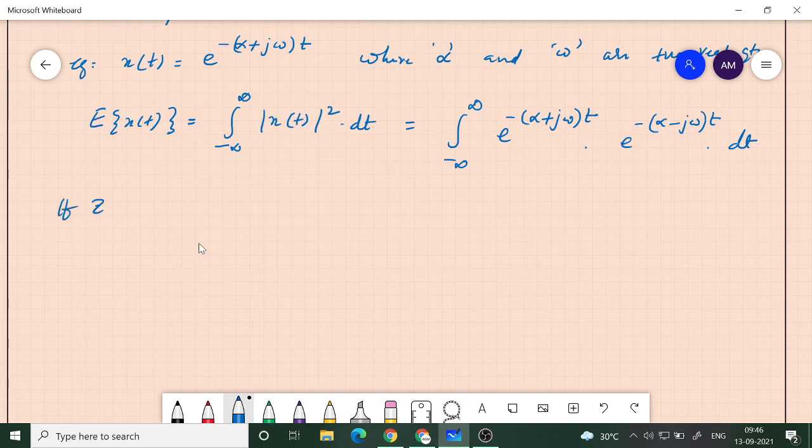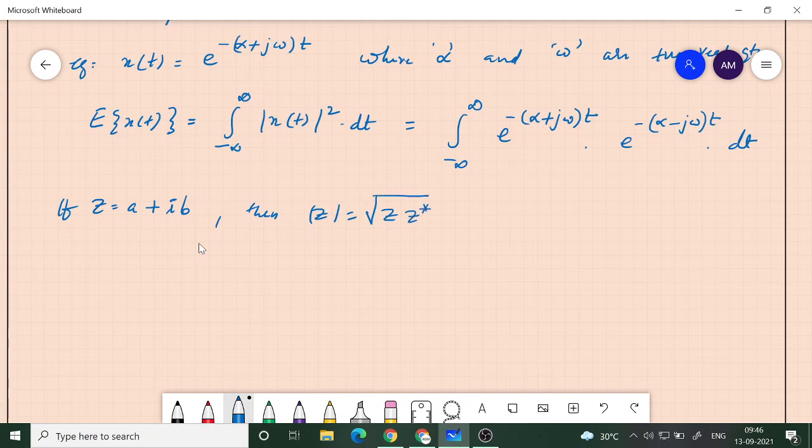If z is a plus ib, here in electrical engineering we use j instead of i. But whether i or j, you have to understand that it is square root of minus 1. Then modulus of z is the square root of z times z star.